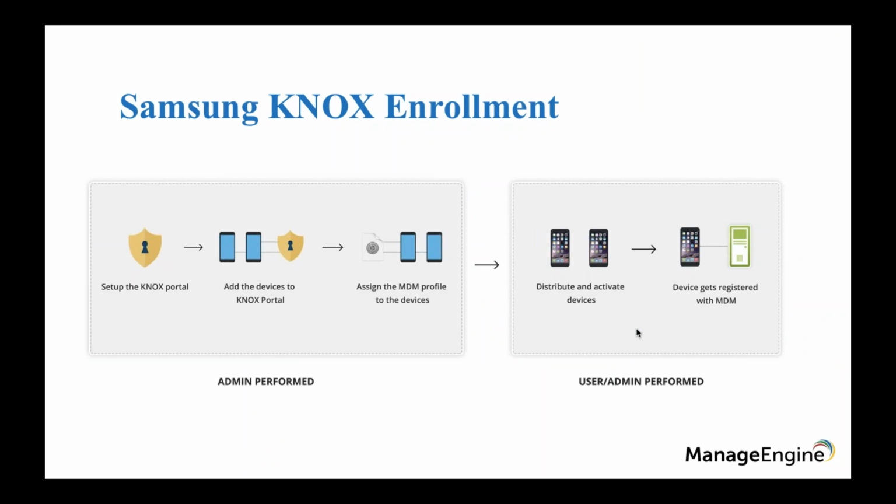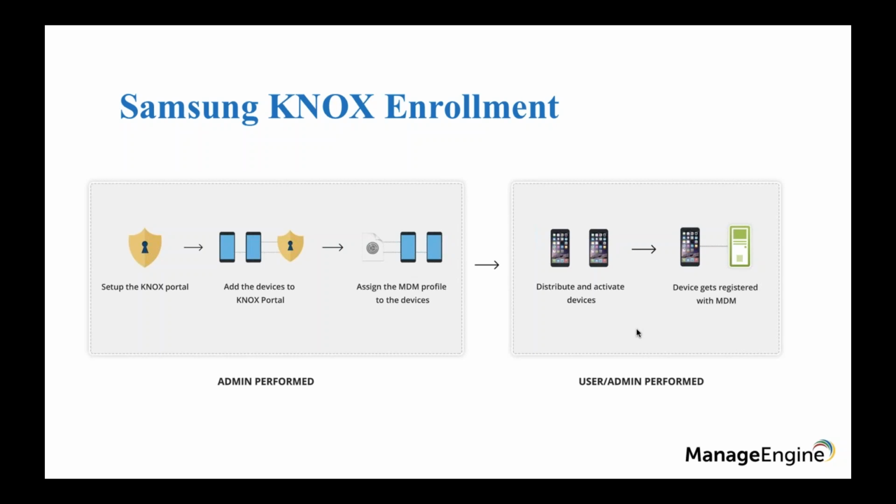Now, in the case of Samsung devices, we can automate our enrollment using the Samsung Knox enrollment. So the first thing that we have to do in this case is to set up the Knox portal. The next is to add the devices to this portal. Once this is done, we will assign an MDM profile to these devices.